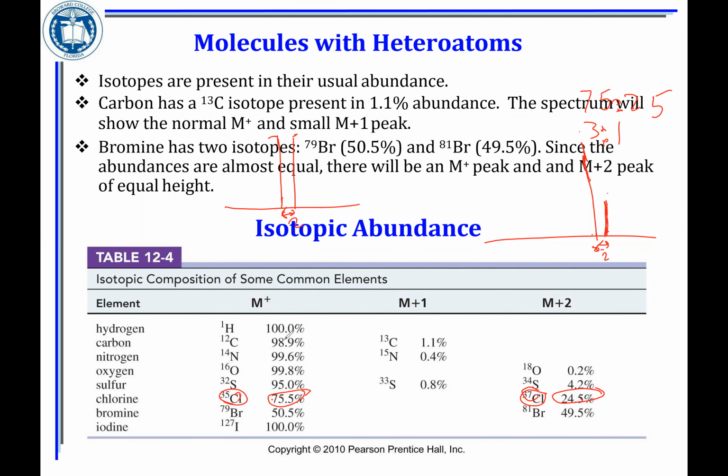Since it's the first time you're looking at this table, I would point out that it is bromine. It's like 50.5, and then 49.5, so this is almost the same height. If it's different by 2 mass units only, it's not coming from a separate fragment.